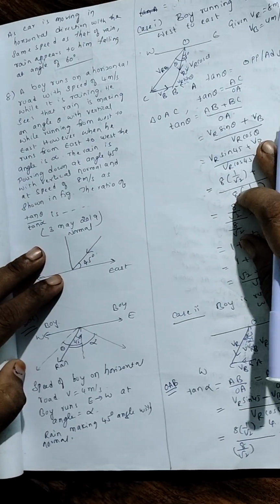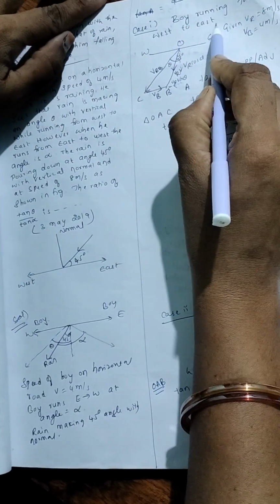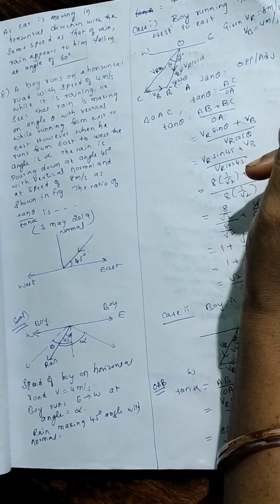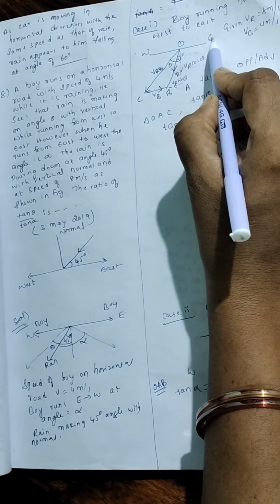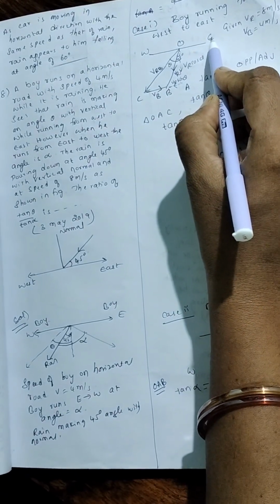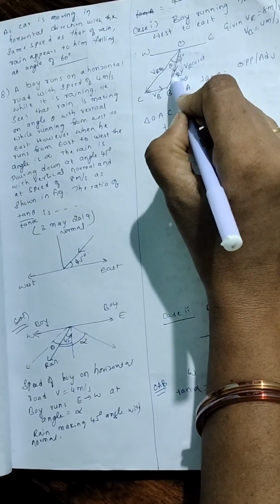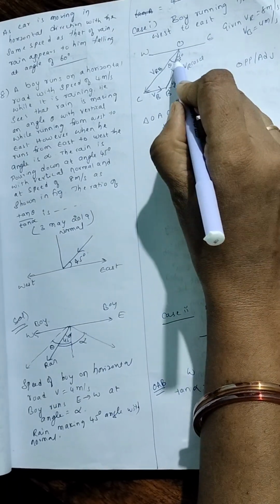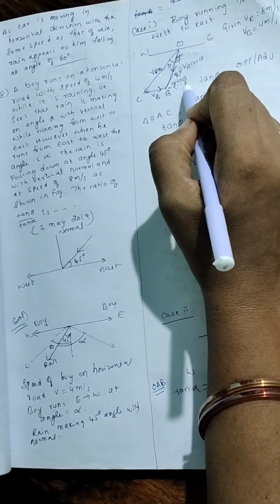The first case, what he said, the boy is running from west to east. So in the diagram which he gave, the boy is running west to east. Okay. Now next, let this be VR. It is making an angle 45 degrees with vertical, he said. Right?